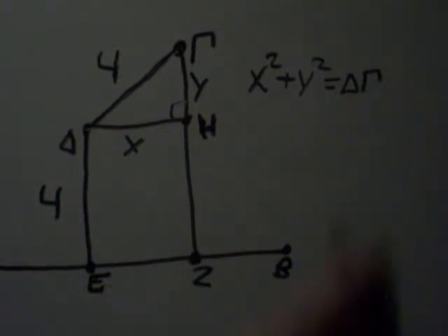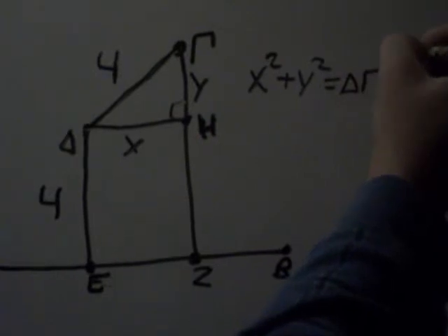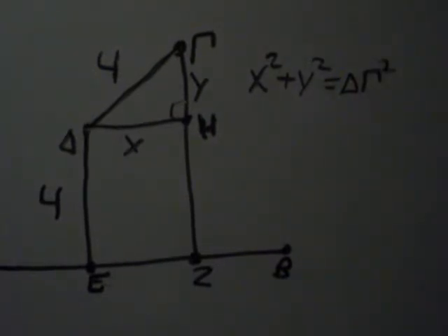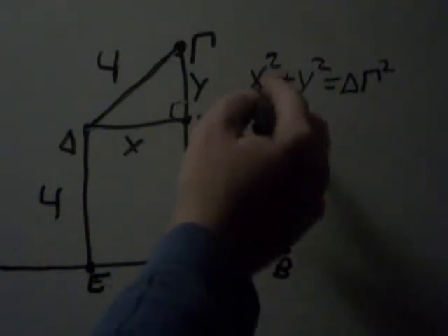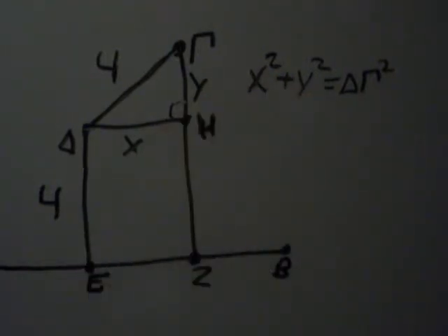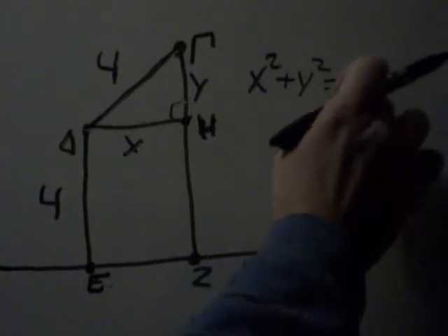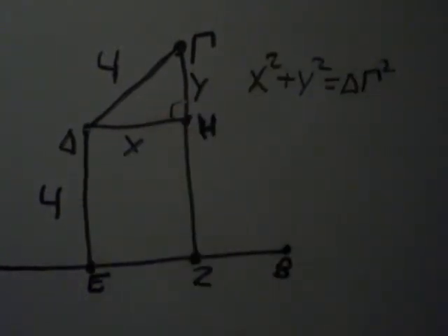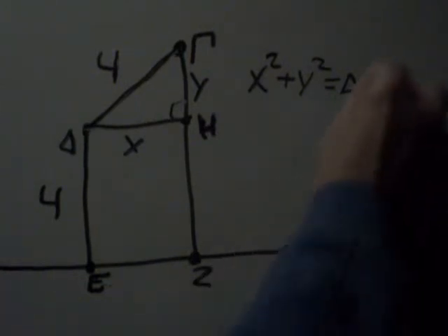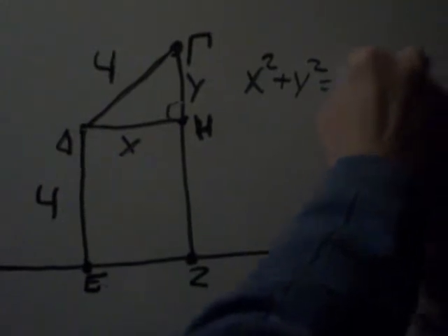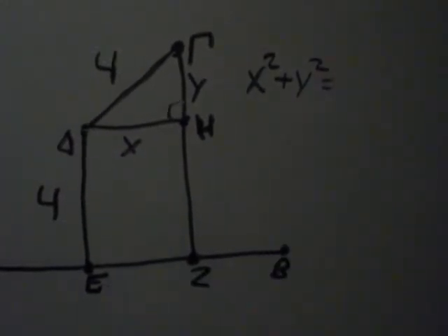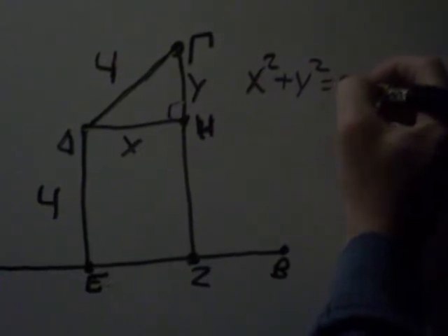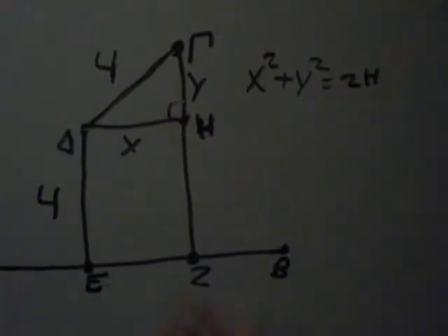Now then, it says the square of this equals the squares of this and this. Therefore, what we're going to do is replace this term right here with ZH. Now, do you know why we were able to do that?